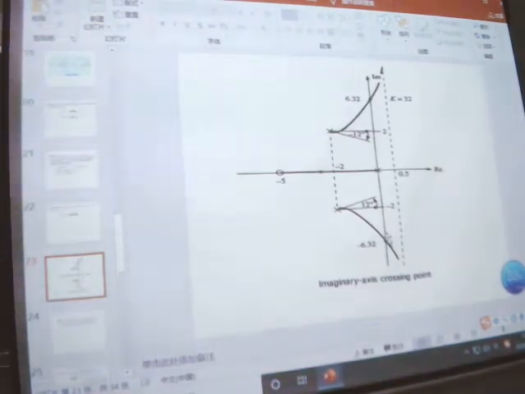So this real part is minus 4 omega square plus 5k. This is the imaginary part: 8 omega I plus k omega I, minus omega cube.